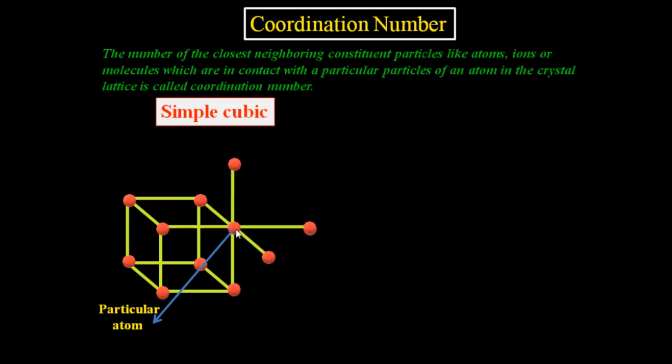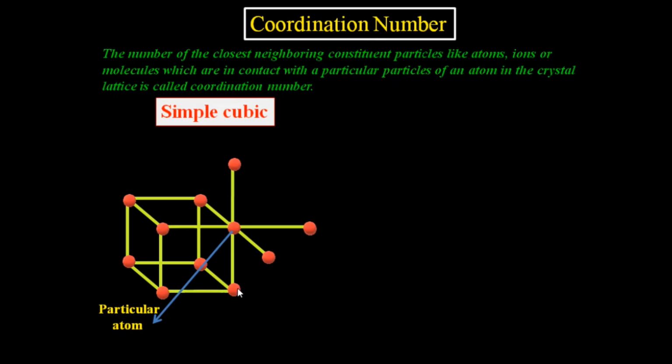This one is the central atom. 1, 2, 3, 4. This one is 5 and this back one is 6. That means these 6 are, 3 from the 3 corners of the unit cell, 1, 2 and this one is 3.